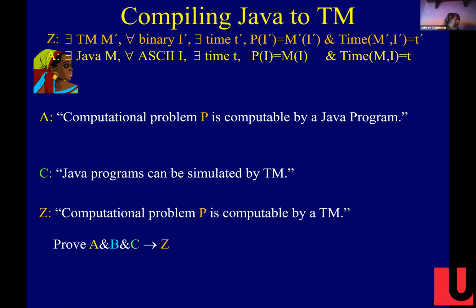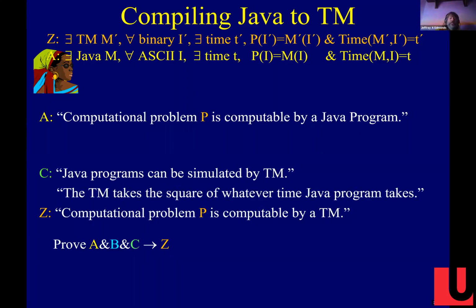Everybody buy that? And here we can also say in the simulation, do they use the same amount of time? No. Maybe the Turing machine takes the square of the amount of time that the Java uses. If the Java uses t time, then the Turing machine uses t squared time. Does that make sense?